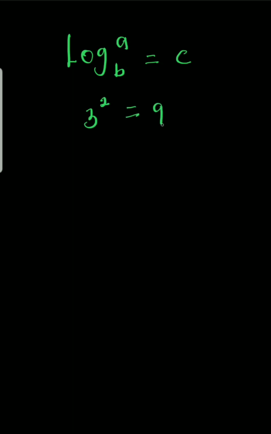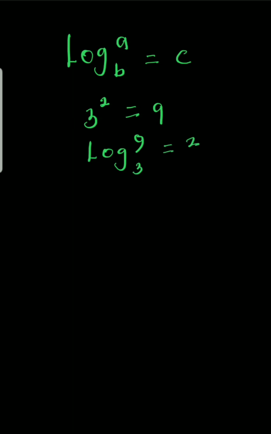And so, the number is 9, the base is 3, and the power of 3 here is 2. So, writing this in the logarithm form, it becomes the logarithm of the number to the base equals to the power.